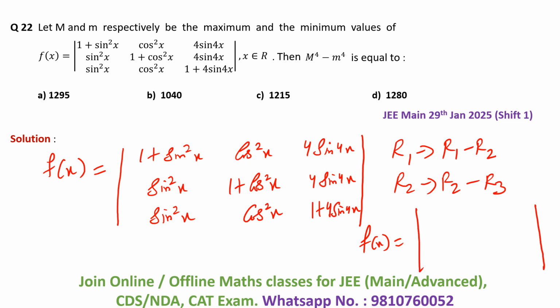In the first row, I am going to get just 1, then 0, and then minus 1, right? In the second row, I will be getting 0, then 1, and then minus 1. And in the third row, the terms are just as before, sin square x, cos square x, and 1 plus 4 sin 4x. Right? Now, students, we move further and expand this determinant.